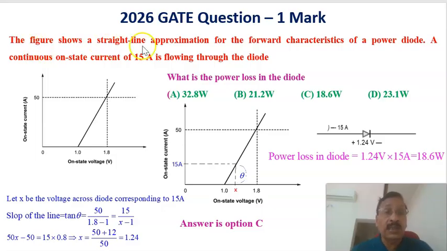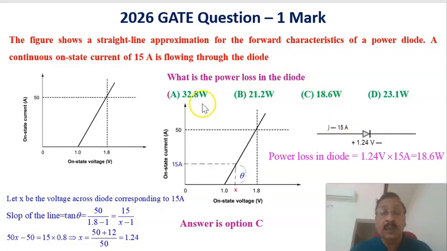The figure shows a straight line approximation for the forward characteristics of a power diode. That is this one. This diagram shows a continuous on-state current of 15 amperes flowing through the diode. So through this diode, 15 amperes is continuously flowing. And what is the power loss in the diode?